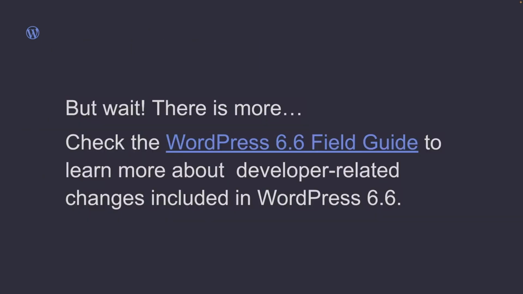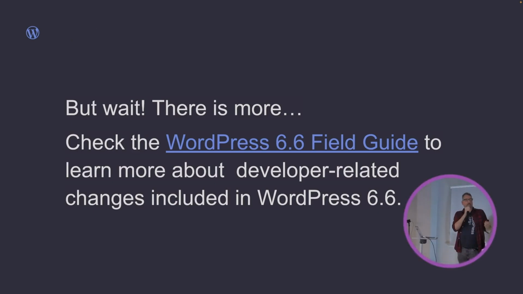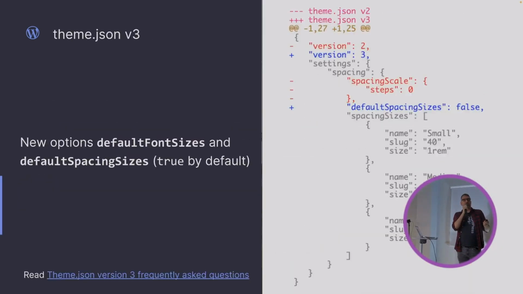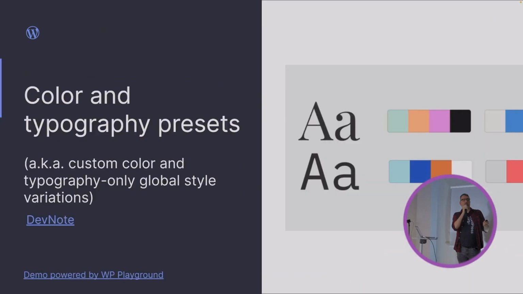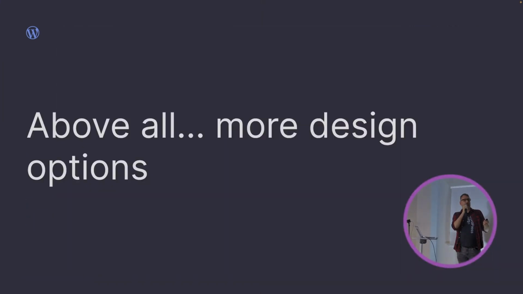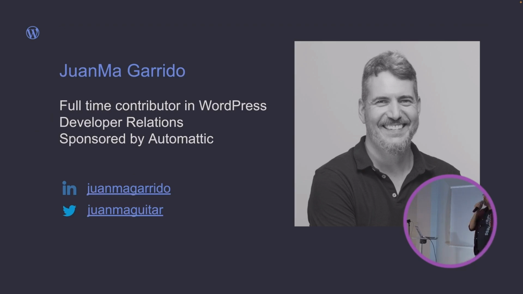So this has been just an introduction of some features. Here you have the field guide. I forgot to mention that this is my Twitter, I tweeted this presentation, so it's available there in case you want to have a look at that.